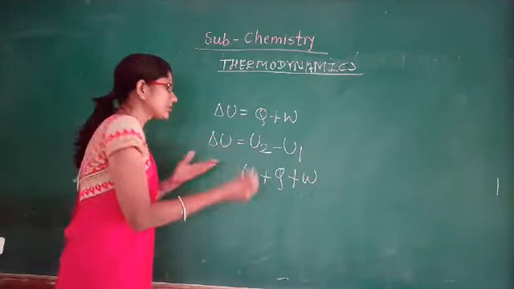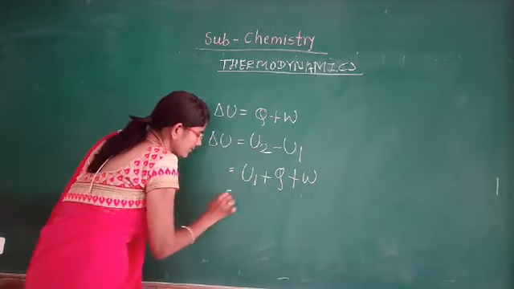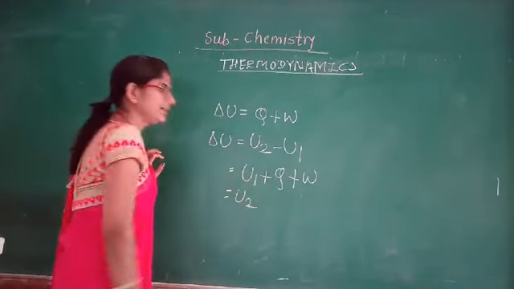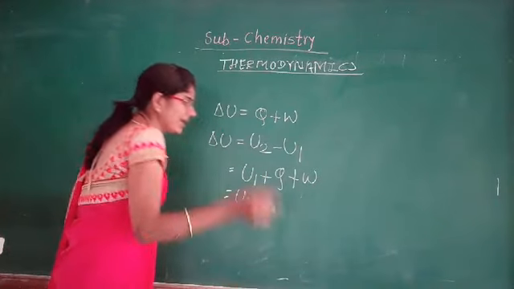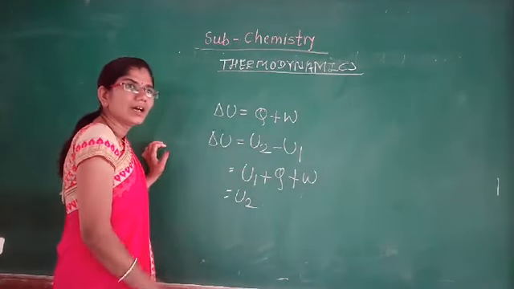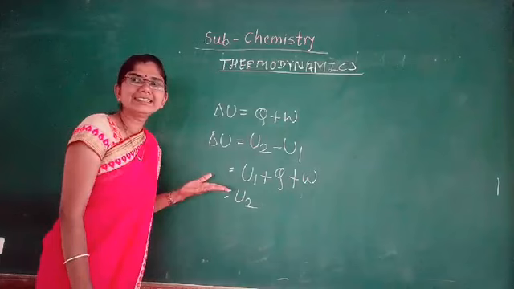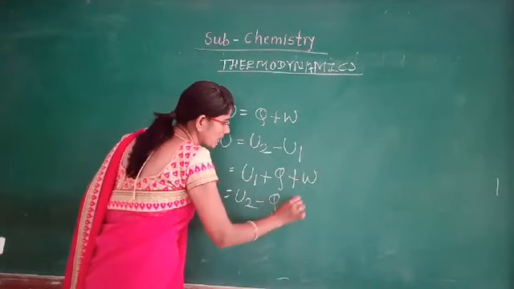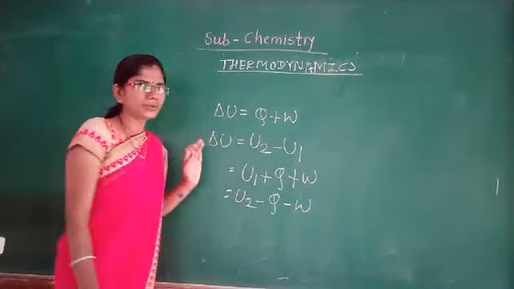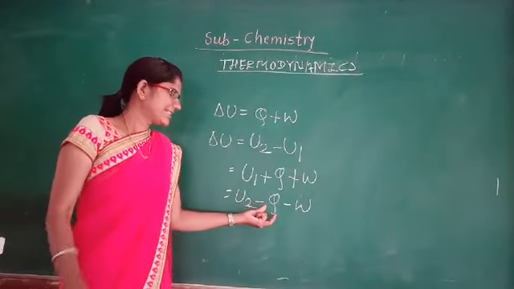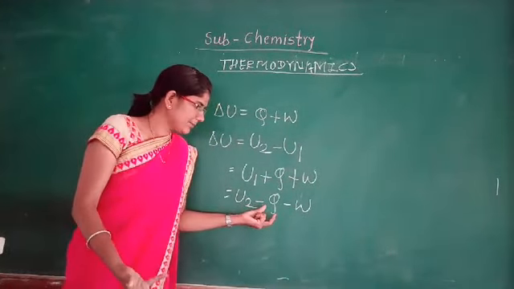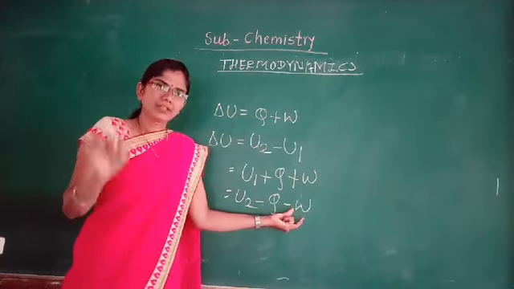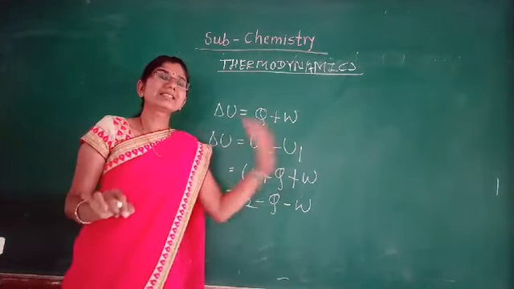And also if work is done by the system, at that time the release of heat takes place, and it is equal to minus Q minus W. If heat is released by the system, at that time work is done by the system.